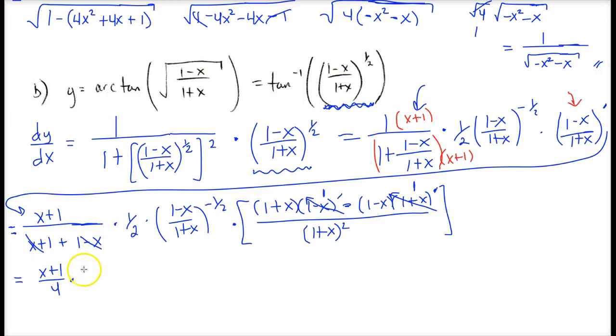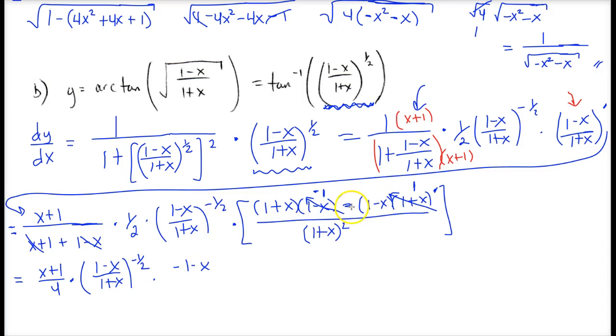Now multiply that times (1 minus x over 1 plus x) raised to the negative 1/2. And here we have, this is a minus 1, not a 1, because the derivative of negative x is just negative 1. So if we do that, then 1 plus x times a negative 1 is just minus x minus 1 minus x.